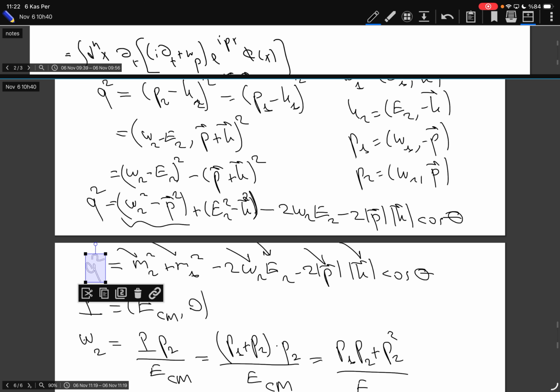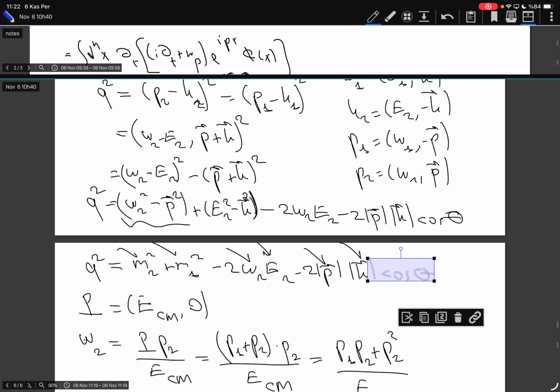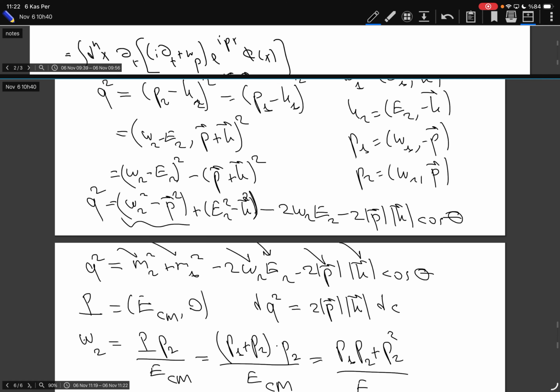Well, Q squared is related to cosine theta, so that will allow me to express cosine theta in terms of Q squared. In particular, dQ squared will be 2pk d cosine theta.